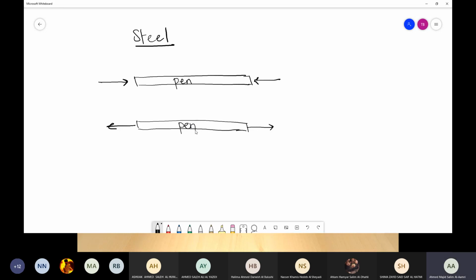Remember, in concrete there were particles glued together, so it's like two pens connected by glue. When it comes to a steel bar, it acts like a single member because we don't have gaps between the particles. So it's like one single pen. Now, if we apply compression to the pen, will anything happen to it?